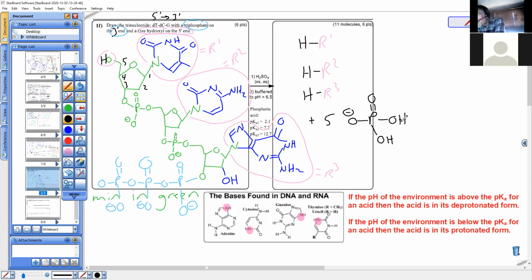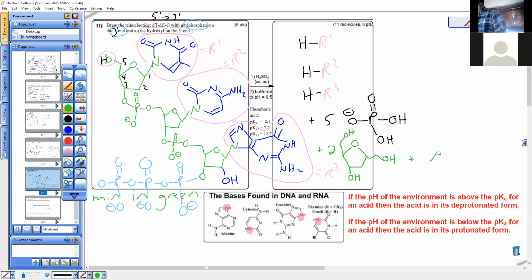So we have 8 of our 11 molecules, and we have 2 deoxyriboses. And hydrolysis is typically going to make a mixture of alpha and beta hemiacetals.